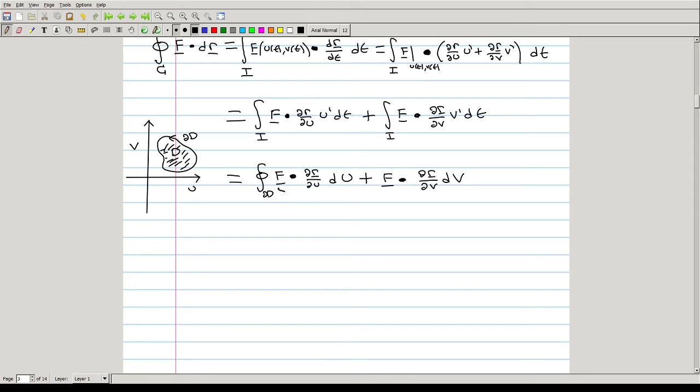So let's make a simplification here to help us out with notation and see where we're trying to go. We'll call this phi1. We'll call this phi2.